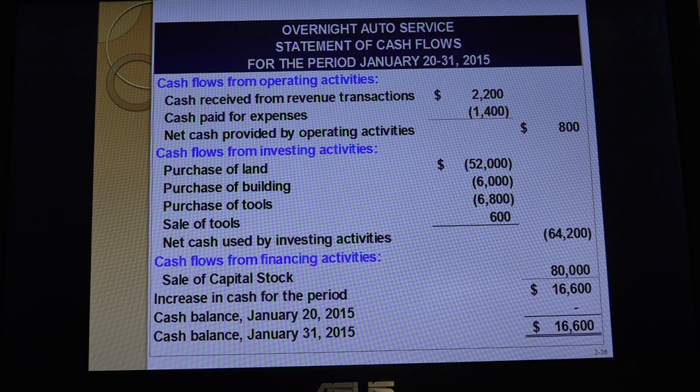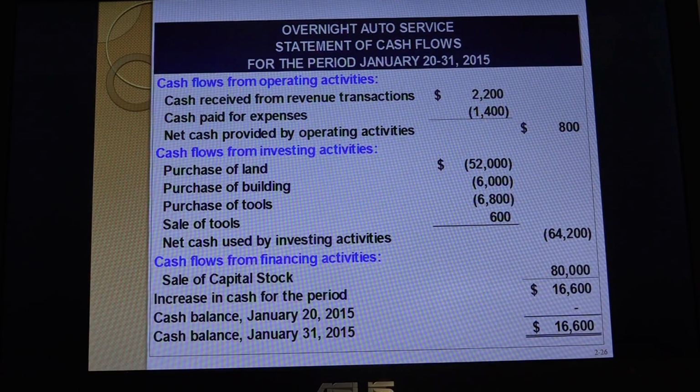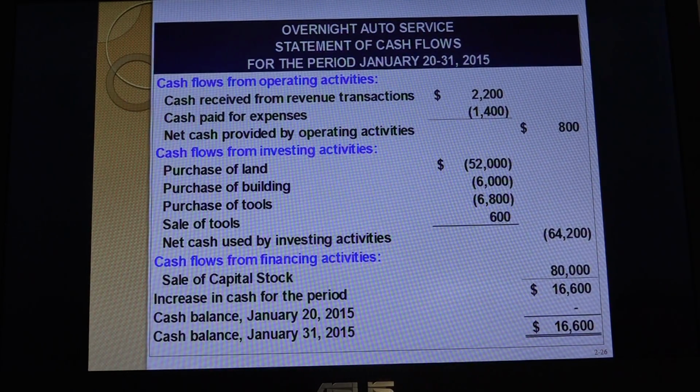So if you get a loan from a bank, that's money in, that's cash inflow. If you pay the bank their part of their loan or all of it, that's a cash outflow related to financing activities. So that's what that's all about. We just have one here. We have an inflow of the sale of capital stock.